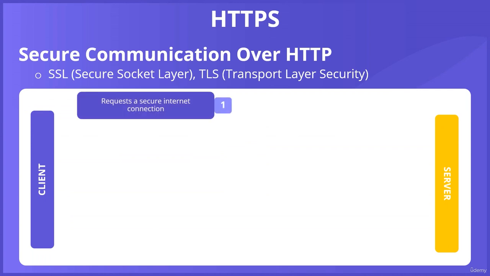The client sends the information that the server needs to communicate with the client using SSL. This information contains the client's SSL version number, cipher settings, and session-specific data. The server then sends the information that the client needs to communicate with the server over SSL. The server also sends its own certificate.